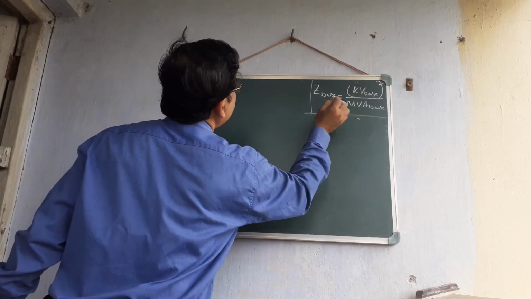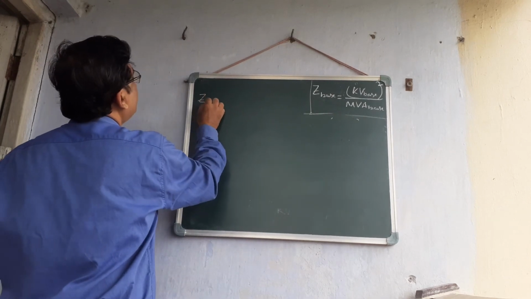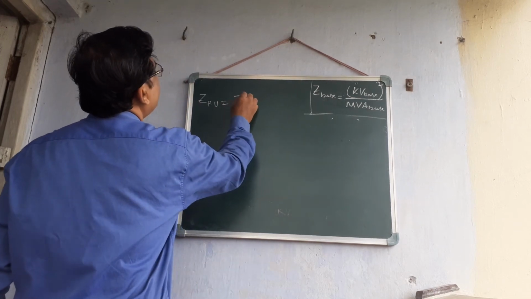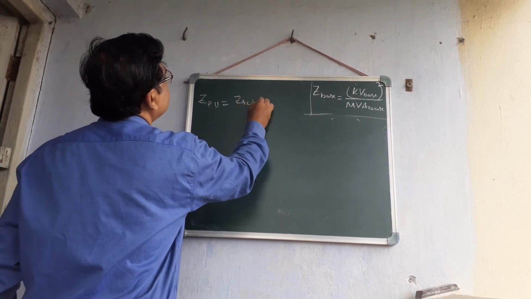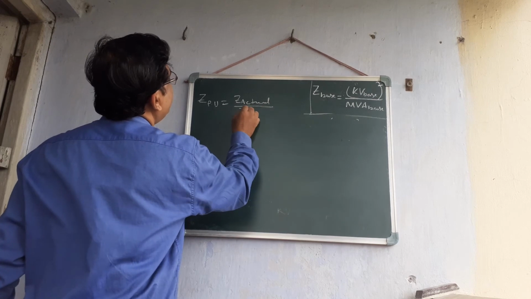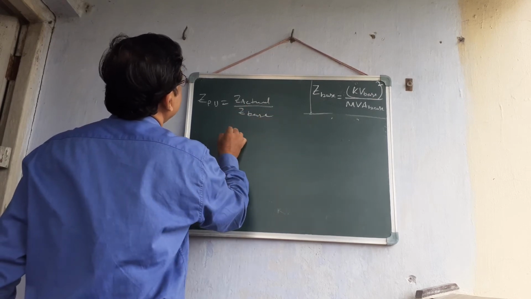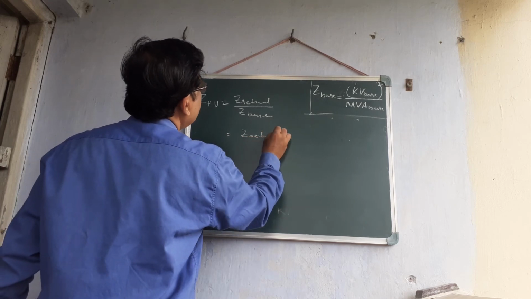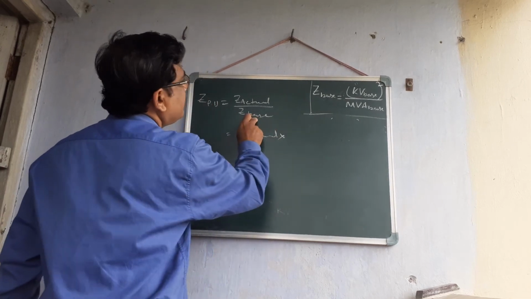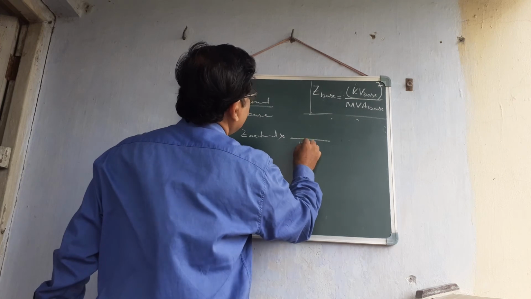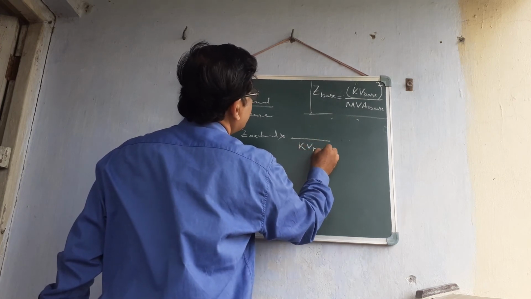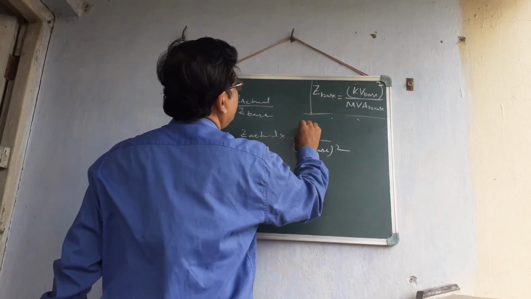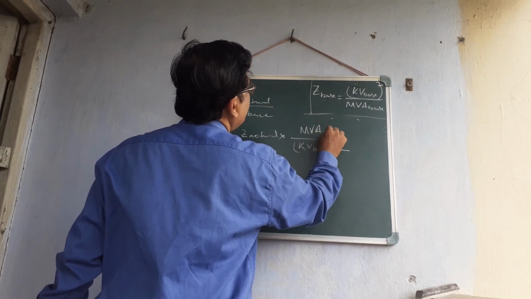Z base is known, so Z per unit is Z actual by Z base. Z base means kV base square over MVA base.